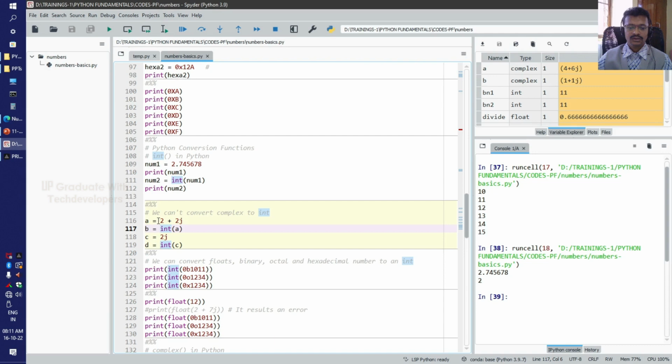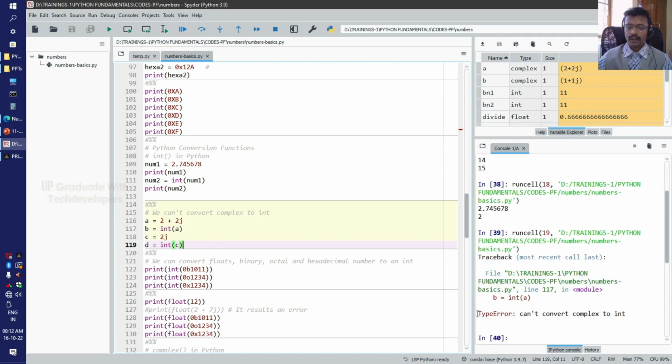So it will not convert the complex number to an absolute value or to the magnitude and then give a result. So it will give an error. Look at here, it is a type error: cannot convert complex to an integer value. Remember the error: type error. Okay.